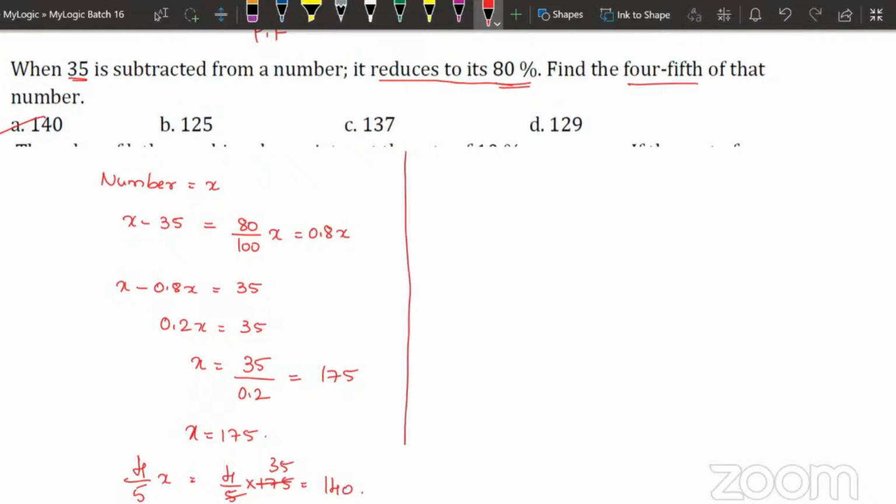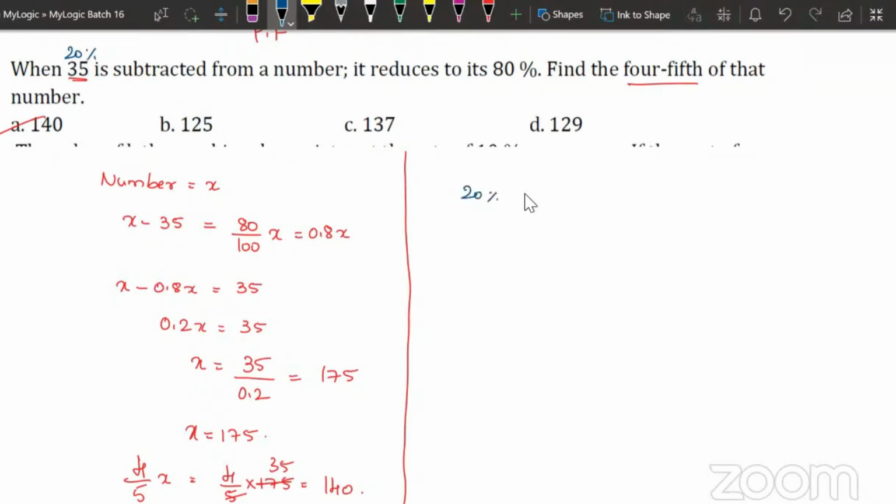There is another way of solving this question. Whenever you see some easy numbers like this, make sure that you can solve it without writing all these equations. This is the actual procedure, which will work for any percentage and any value. But sometimes you can do it with much lesser simplification. What is that? Now, when I'm subtracting 35, the number is becoming 80%, which means what I have subtracted is 20%, isn't it?